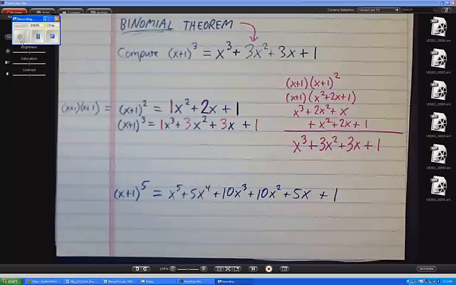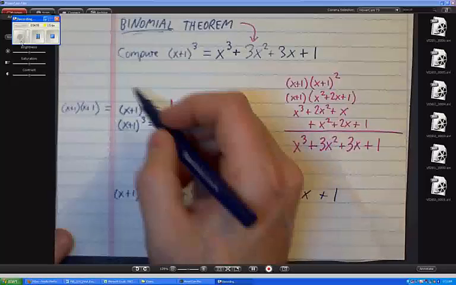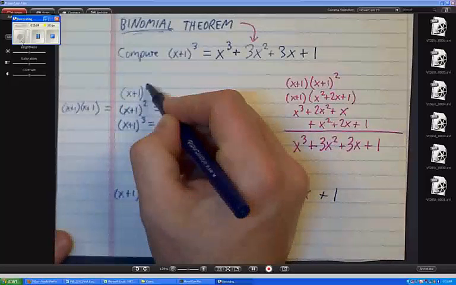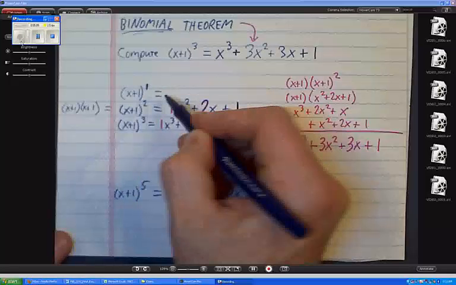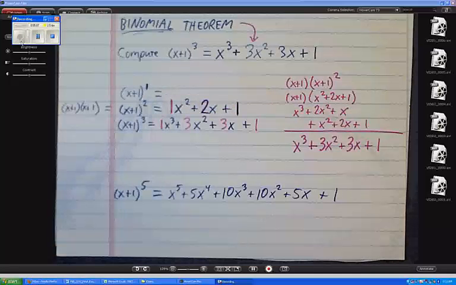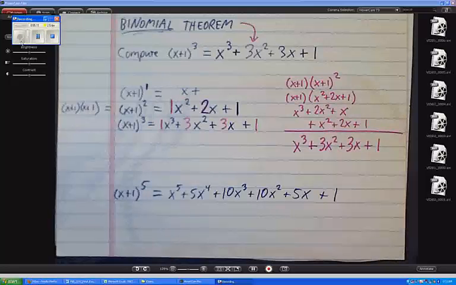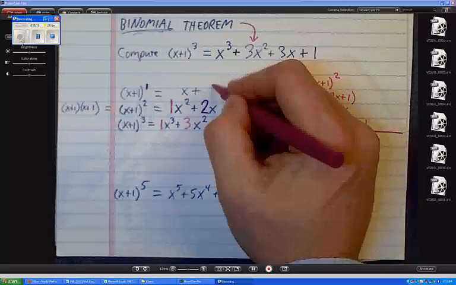I'm going to go up and I'm going to write, what's x plus 1 to the first power? Well, that's obvious. What is that? It's x plus 1. But I think you know what I'm going to do here. I'm going to write 1x plus 1.